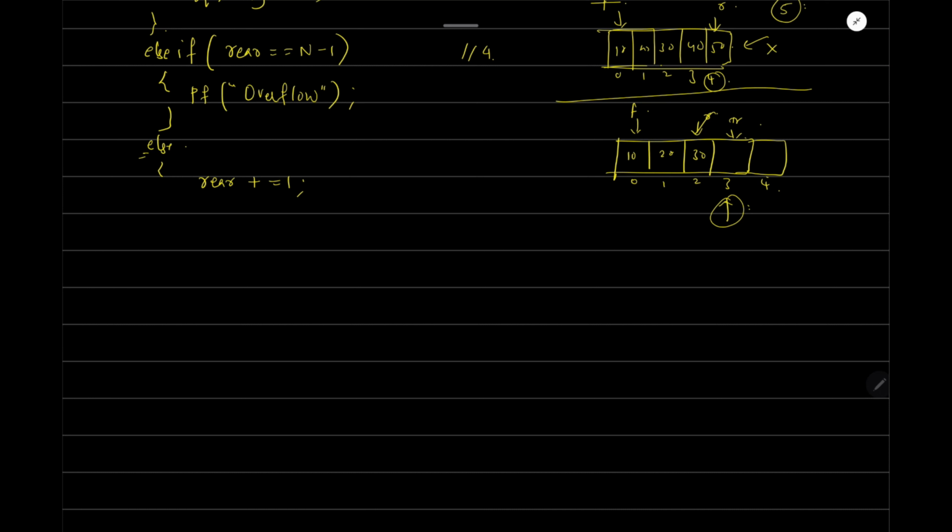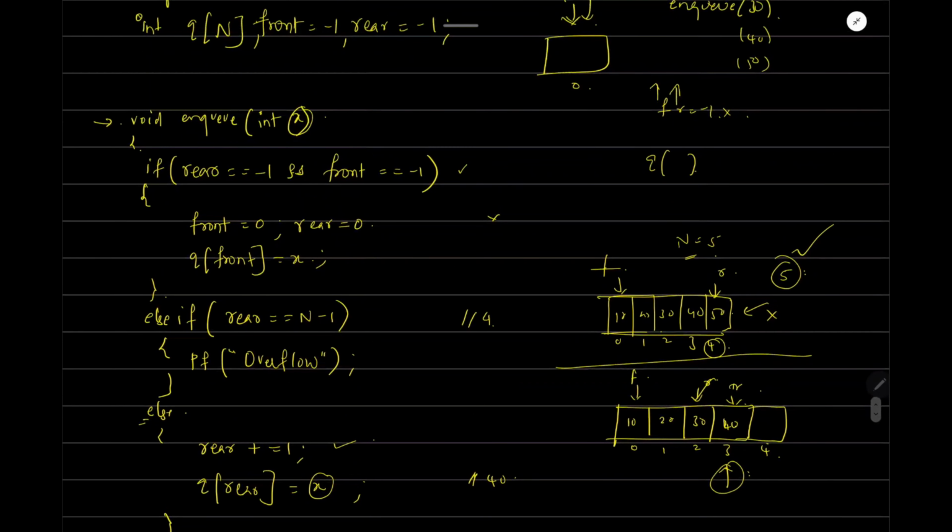Then at the index of rear I will put x, the element which we take as input from the parameters of that function: q of rear is equal to x. If x is 40, then 40 will be present here. That's it, the nq function is done.